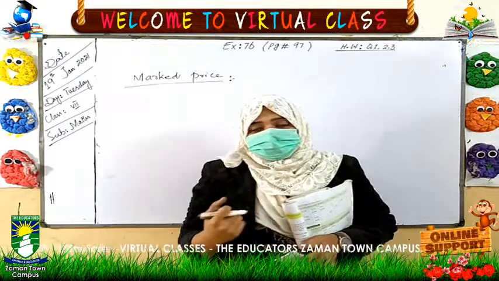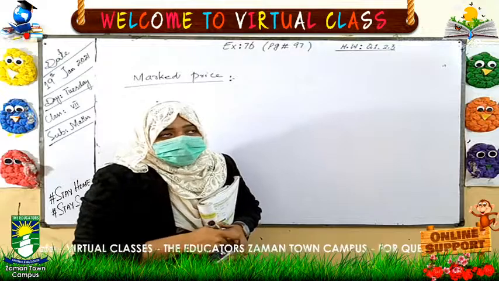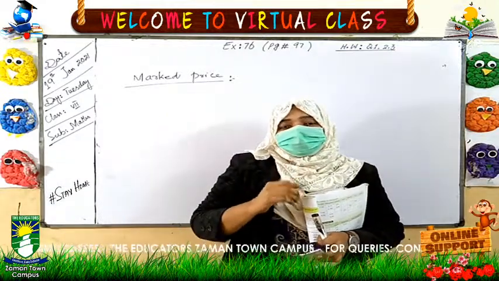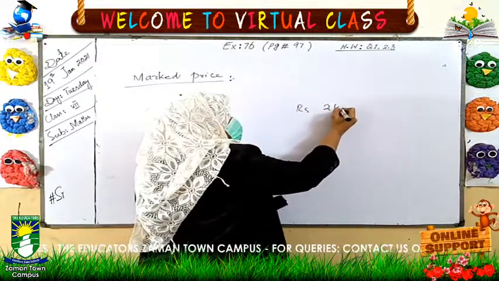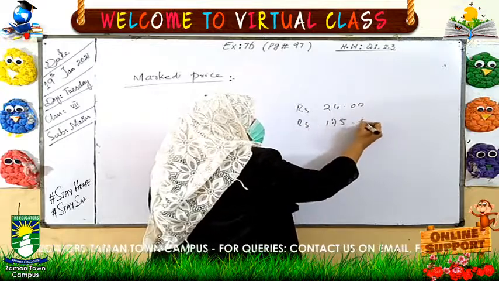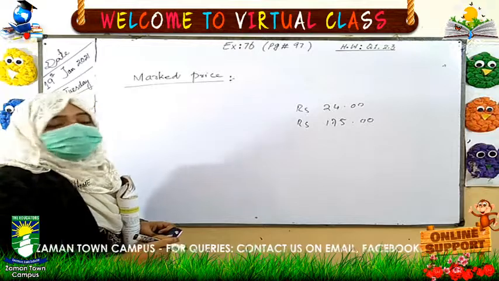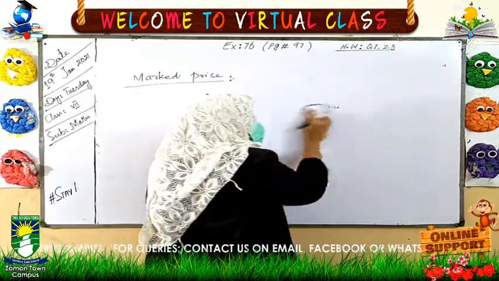If you take something or any article from the market, on most of them they are tagged by the price, that the price is rupees 2400 or rupees 17500. This tag price is known as the mark price, or the price which is on your article is known as the mark price.